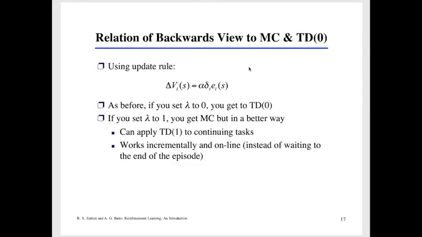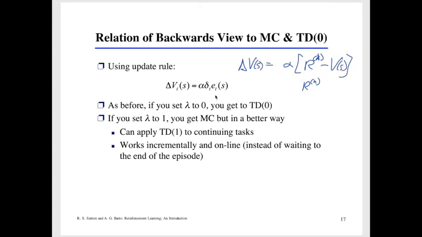Remember before, we had our delta V using alpha, R, and V. It was finding a difference between the return over some number of steps, whether based on lambda or on n, for the same state, subtracting that and weighting it by alpha.